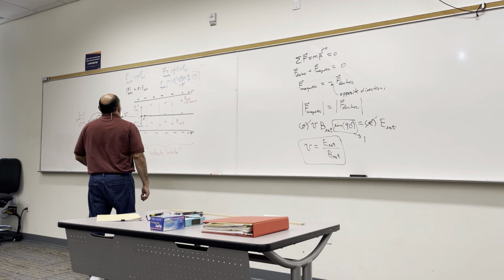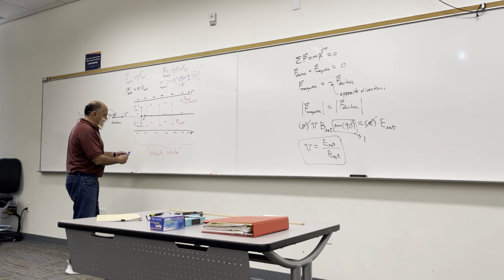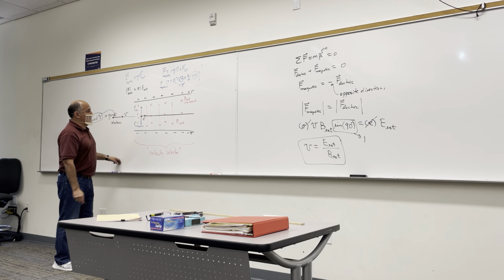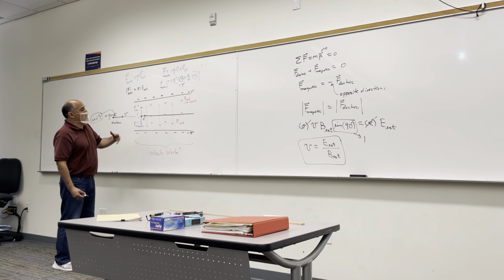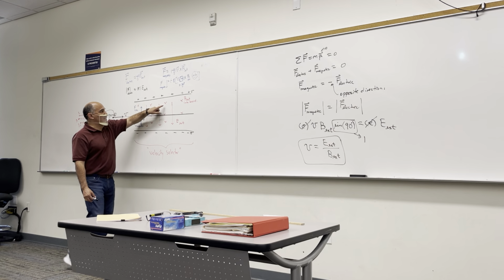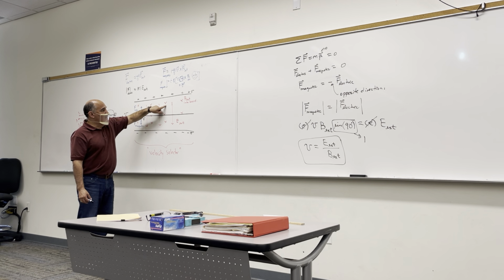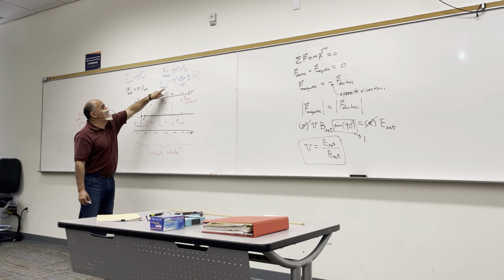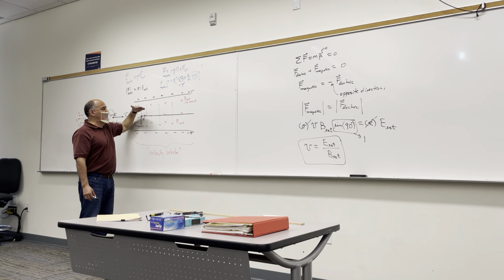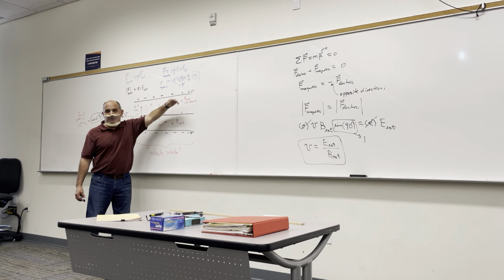So for example, if the magnetic field is weak, small, let's say this magnetic field is weak for the charged particle, then the magnetic force, which is down, is not going to be as big as the electric force, so the charged particles are going to go up.